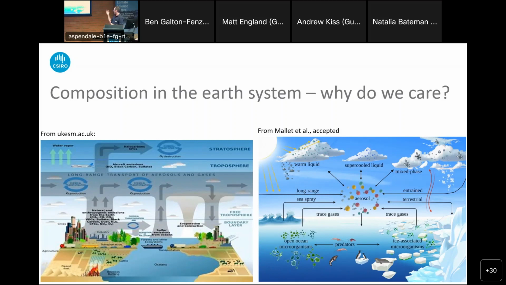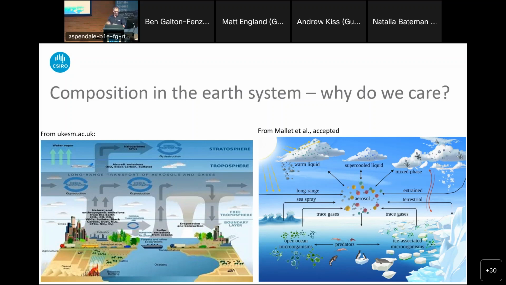Trace gases released from the open ocean and the marginal ice zone contribute to aerosol. We have sea spray, which can contain organics. There's a biological link there, contributes to aerosol. What isn't quite explicitly shown here is that aerosol can carry things like iron and phosphorus to the remote oceans. So there's potentially a feedback in the Earth system acting through aerosol and composition that we don't capture in our Earth system model as it currently stands.